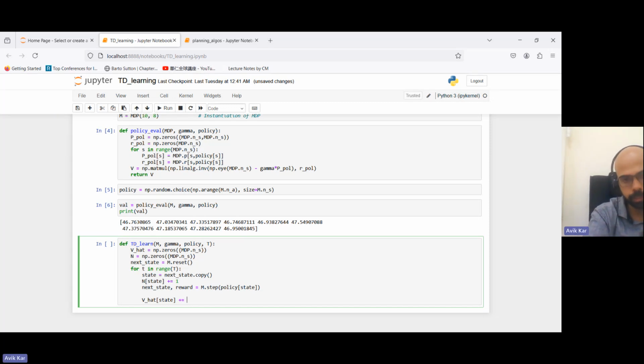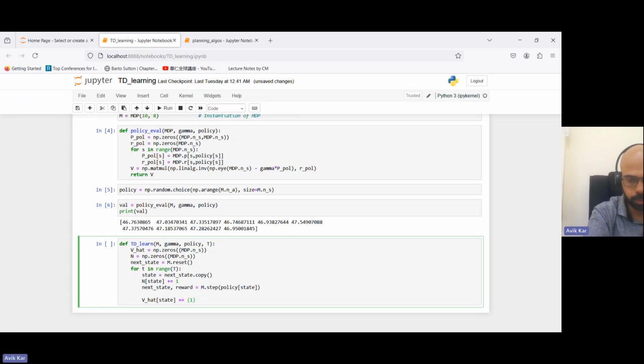In that case, if other properties of the MDP are satisfied, then in the infinite horizon the V hat will converge to the true value of the policy. So we'll take alpha as 1 by n(s).